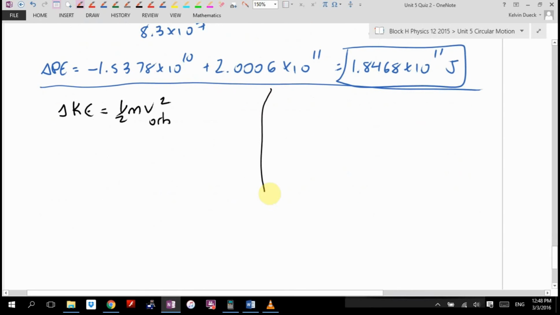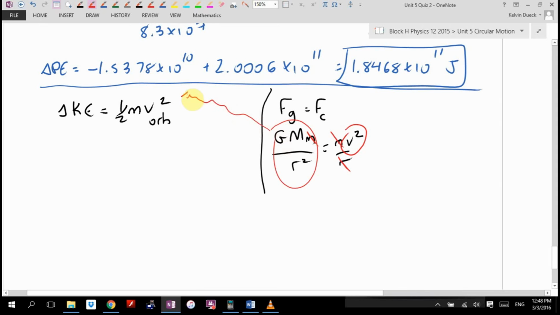Well, then gravity is what's pulling me in a circle. Big G, big M, little m over r squared equals mv squared over r. Mass cancels, r cancels, and although I could square root, I think I'm just going to plug this in for the v squared, cleverly, and I'm going to get this.